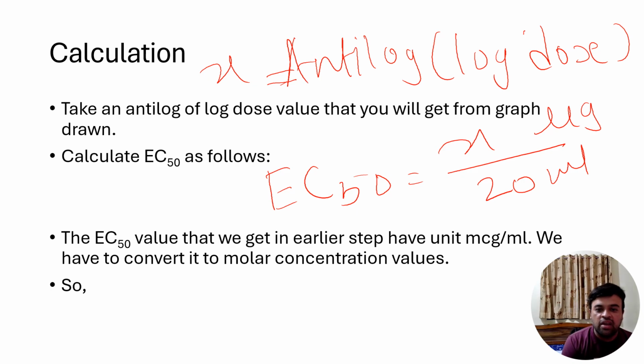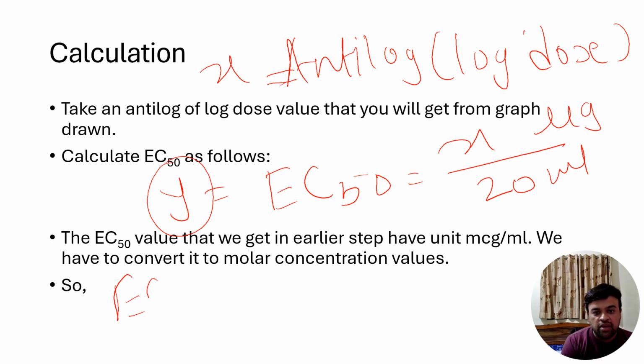So what is to be done next? We have to convert this microgram per ml EC50 value into molar values. So how to do that? Let's assume that this EC50 value, that is x by 20, is y. So whatever value we have got over here, it is y. How to convert it into molar values?